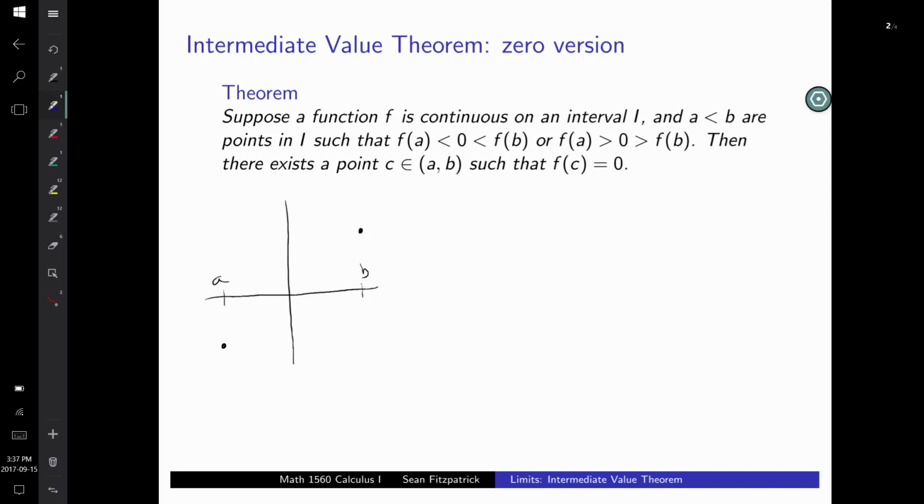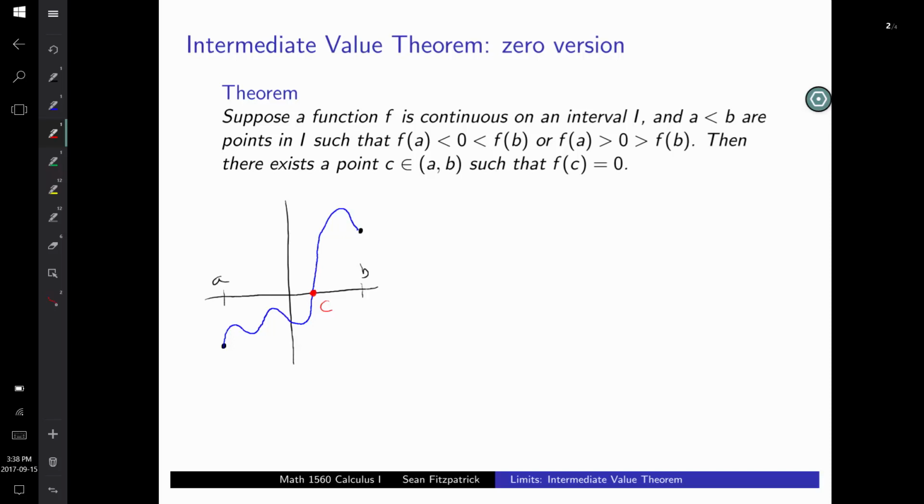We're not allowed to jump over the x-axis because if we jumped, we would have a break in our graph, we would have a discontinuity. So any attempt that I make is going to force me at some point to cross. Now I might cross at more than one point, but I do have to cross at least one point. So that's my C. So that's what the intermediate value theorem is saying.